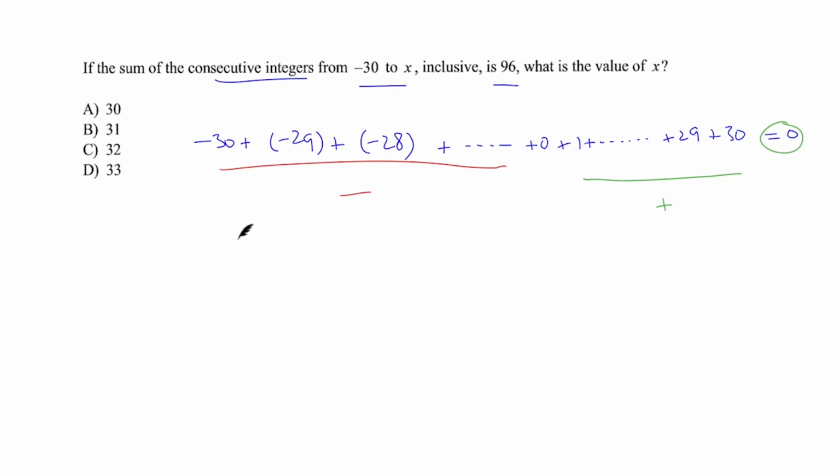So we will get 31 over here plus 31. These are all the numbers that I have written over here. Plus 31 plus 32 plus 33 will basically give us 96. You add these up, you will get 96. So the greatest number over here is 33. That should be our answer, which is option choice D.